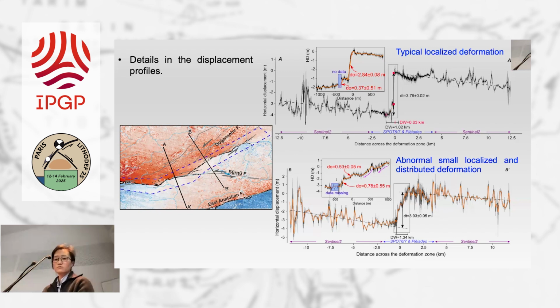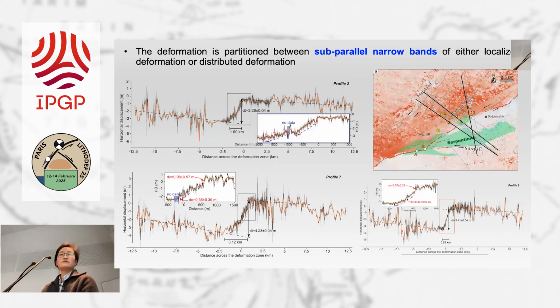Even when we smoothed the profile a little bit, we only can see those small steps and this slip gradient. So the localized deformation is much smaller than on AA', even though they have a similar total displacement of around 4 meters. Then I checked more profiles in serpentinite, and we can see similar patterns with those very small steps and this kind of slip gradient.